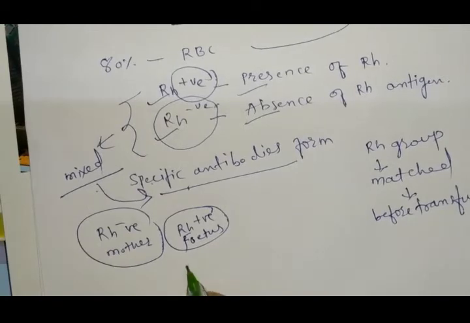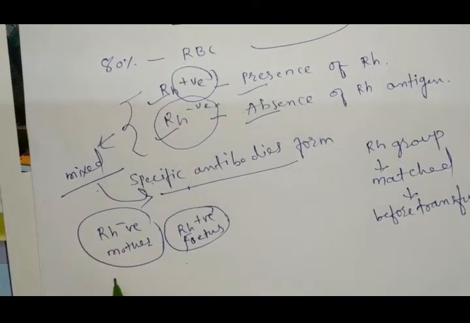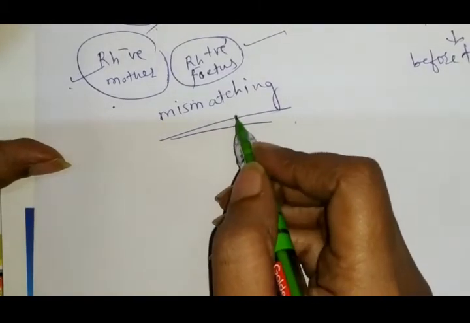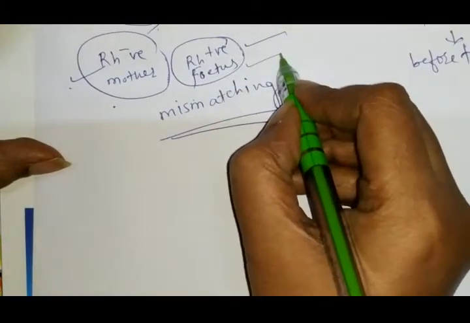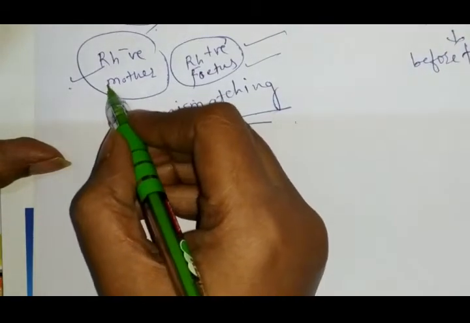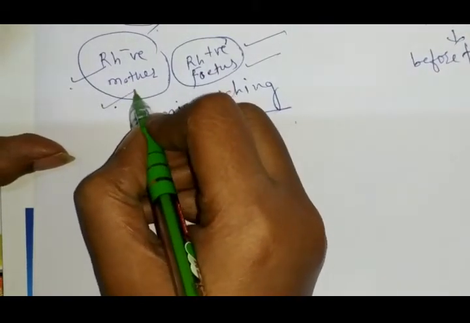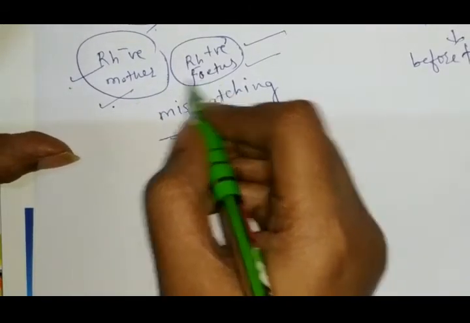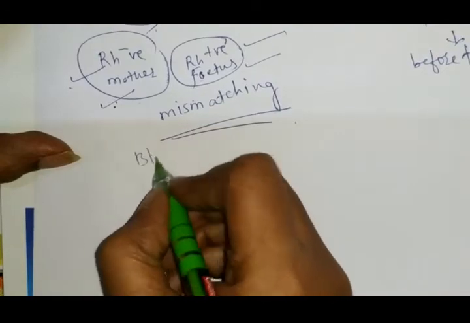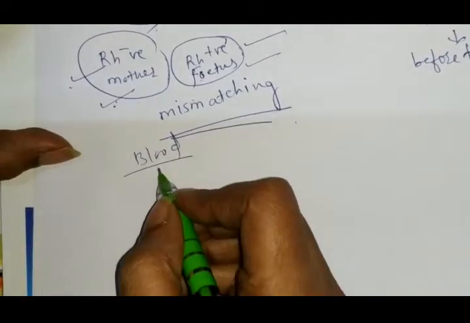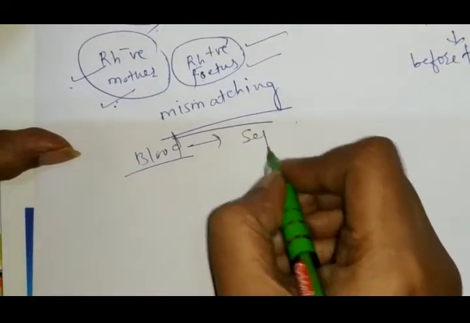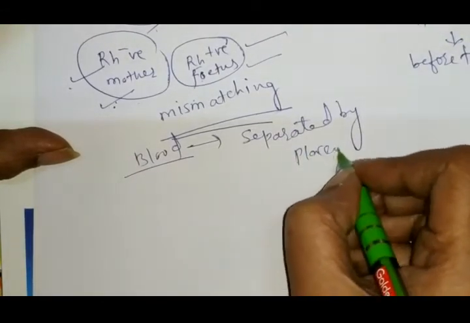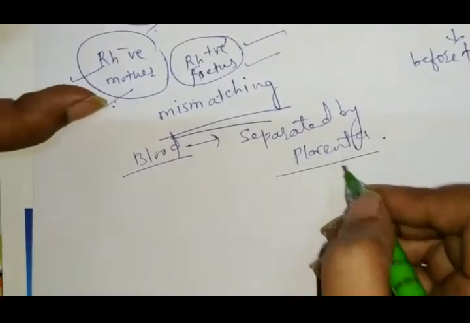The blood of the Rh positive fetus does not get exposed to the blood of the Rh negative mother. In the first pregnancy, the Rh antigen of the fetus and the Rh negative mother's blood, these two bloods, Rh positive blood and Rh negative blood, are separated by the placenta.